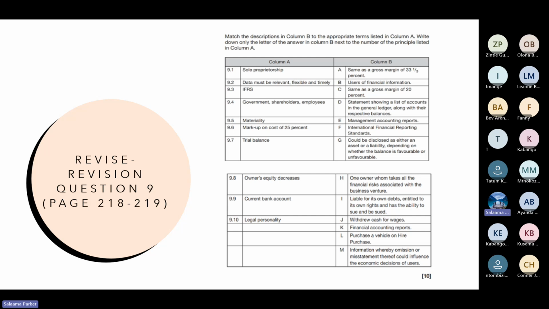What does IFRS stand for? F. Please remember it's International Financial Reporting Standards.